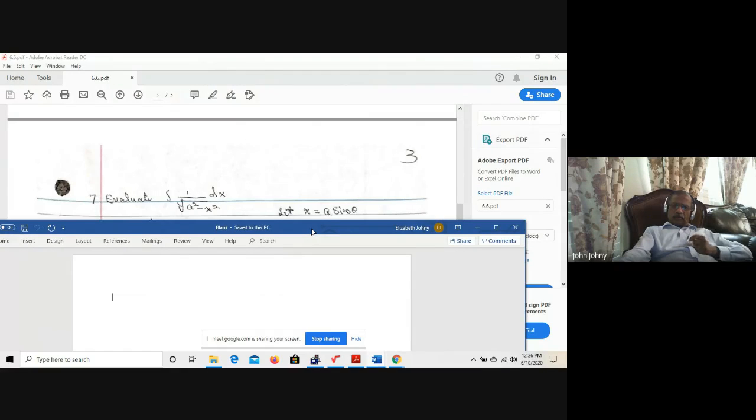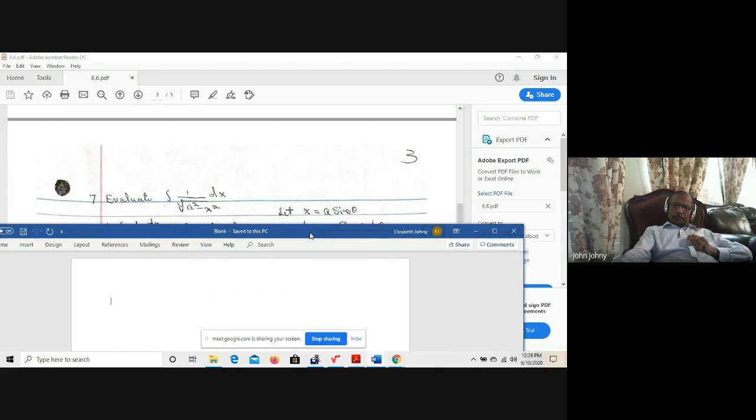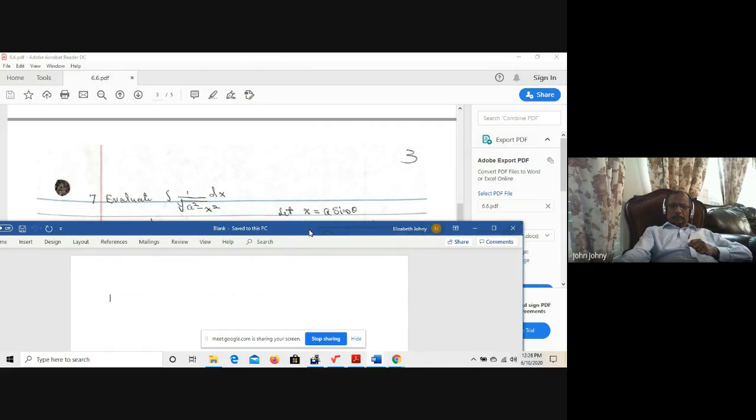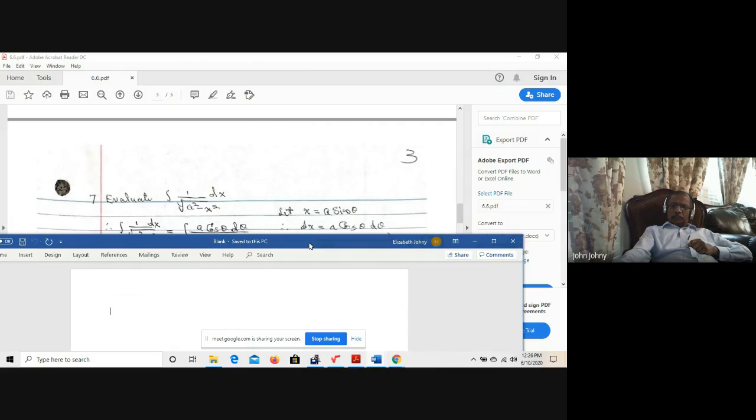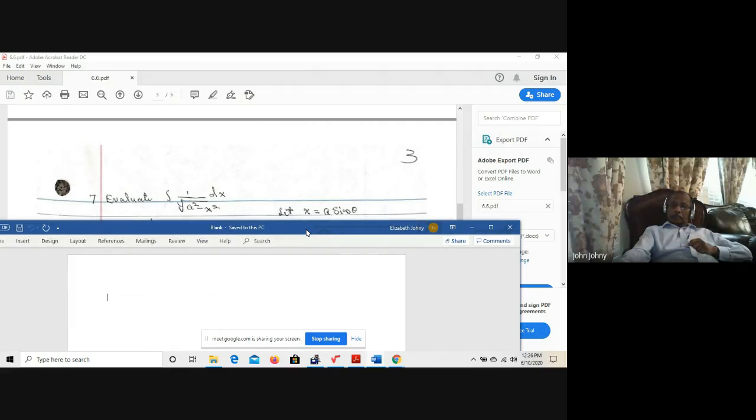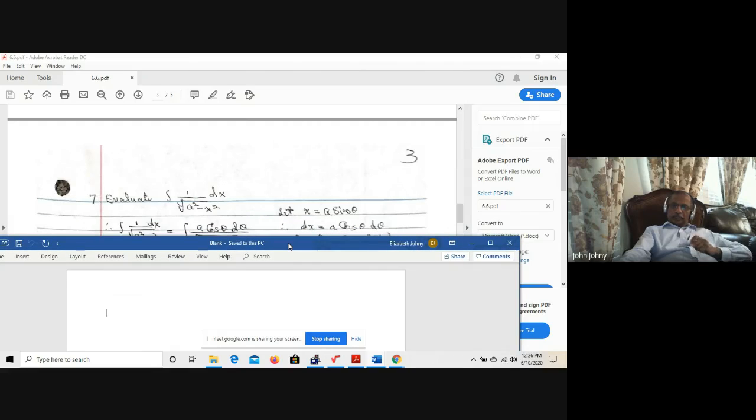Whenever you see a square minus x square under the radical sign, the substitution must be x is equal to a sin theta. So dx is equal to a cos theta d theta.